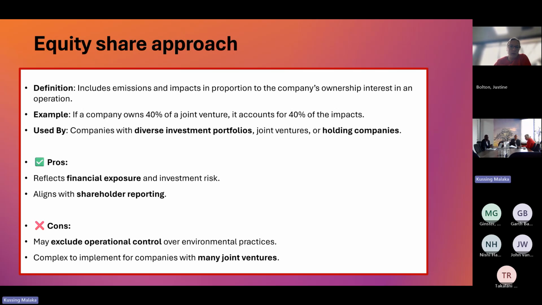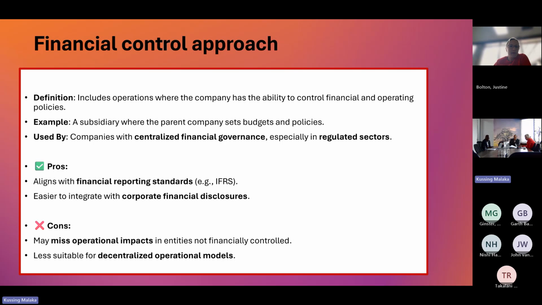The other two approaches may be more common, but again, I think it depends on what kind of industry your business is in. Next slide, please. So this, as mentioned, I would imagine applies to companies perhaps like mining companies, where they have direct financial control over their whole entities and a clear link to their upstream supply chain as well.